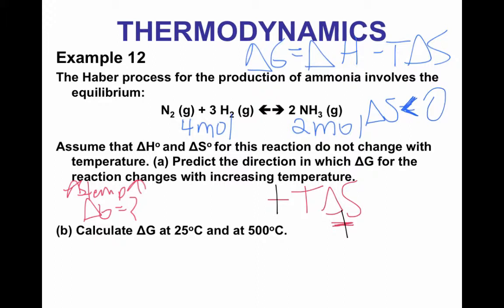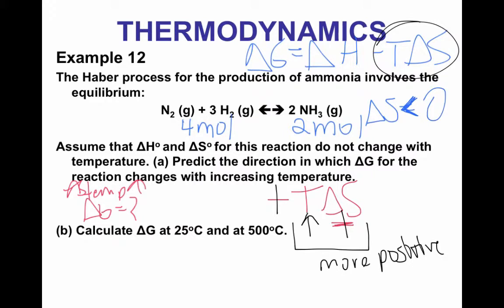And that means that as temperature goes up, as this T goes up, what's going to happen to this positive value? Well, it's going to become more positive. Okay, so as temperature goes up, that portion of this equation is going to become more positive.